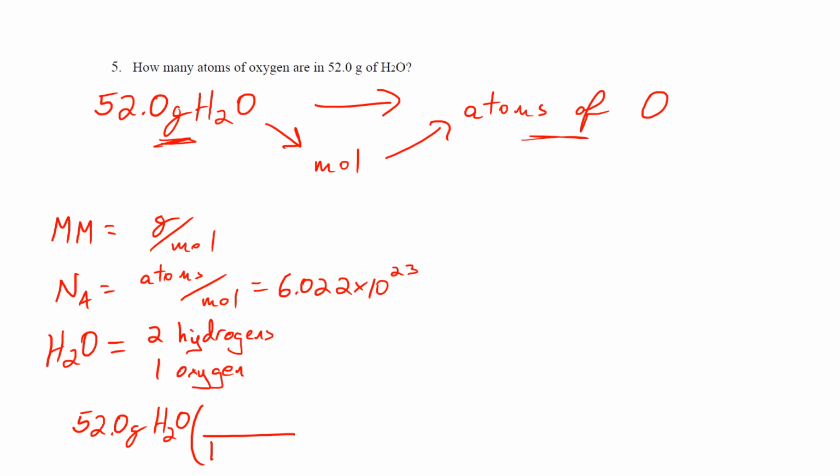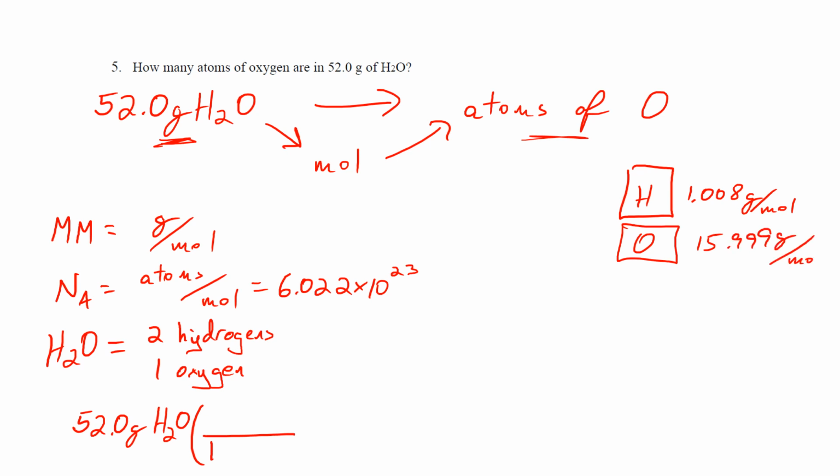So I can look at the periodic table, and I can see that H is 1.008 grams per mole. Oxygen is 15.999 grams per mole. So for H2O, it would be 18.015 grams per mole. This is for H2O.